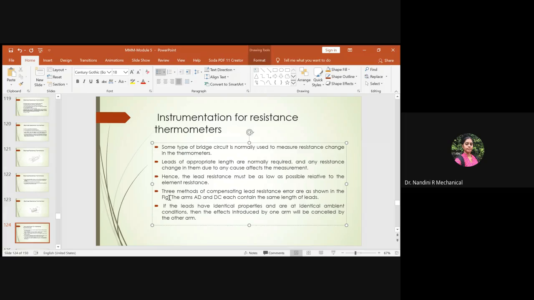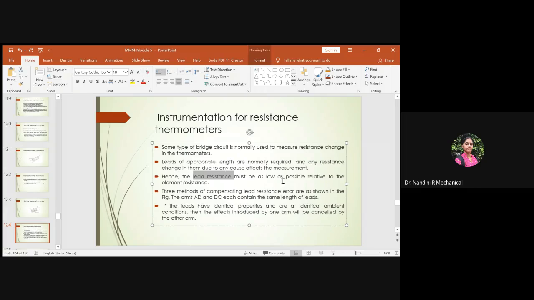One is the arm method, another one is the self-compensation method. Similarly, even though you select the lead wire of least resistance, there will be some resistivity factor in the lead wire. So you have to understand which methods are followed in order to compensate the lead resistance error.